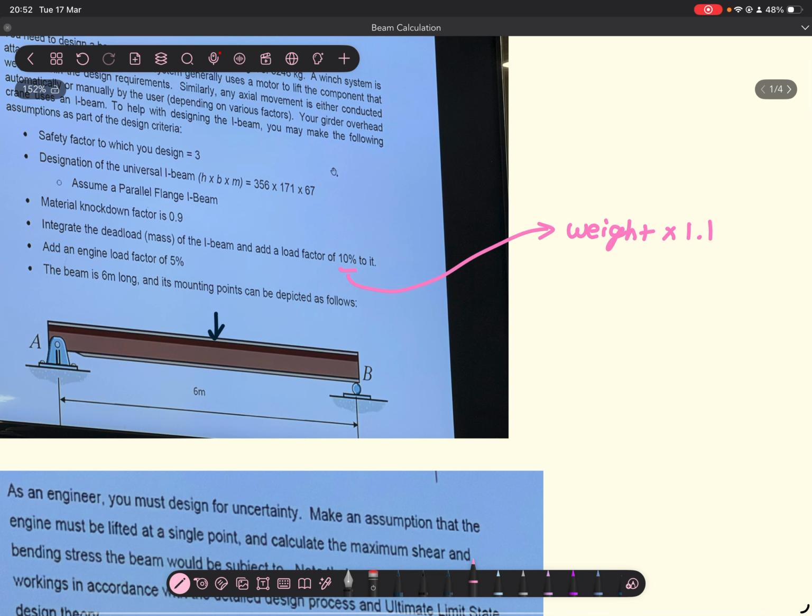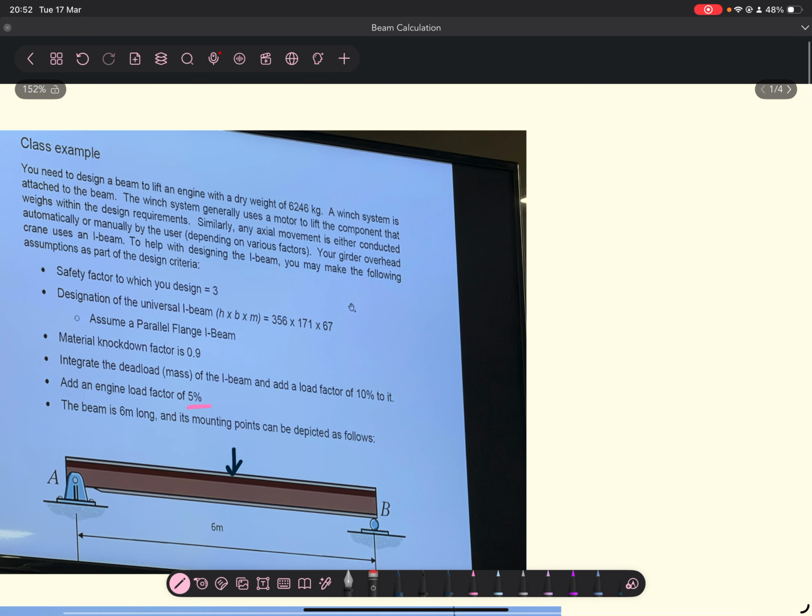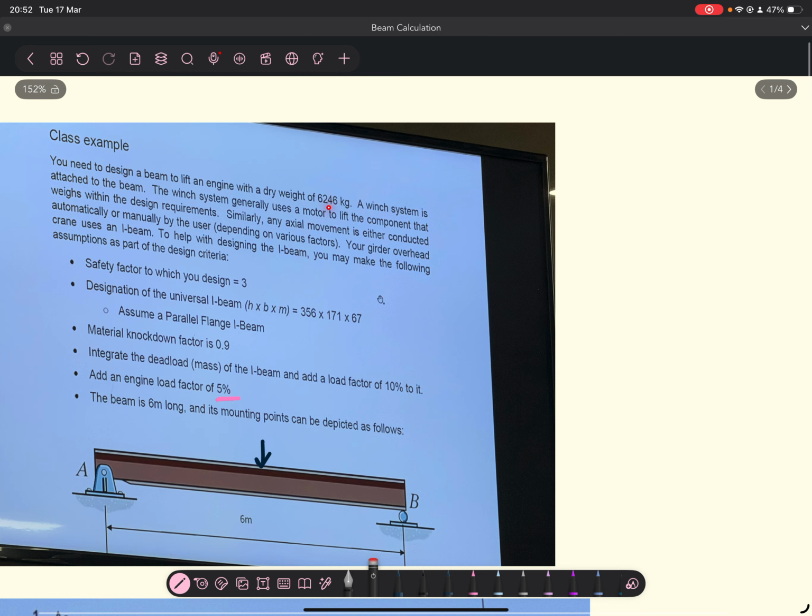Okay, then you have the engine load factor. Reason why you would apply that is because we're given the dry weight of the engine, which is that much, and then as you add oil to it, we're saying that, okay, the oil is going to weigh as much as 5% of the weight of the engine.